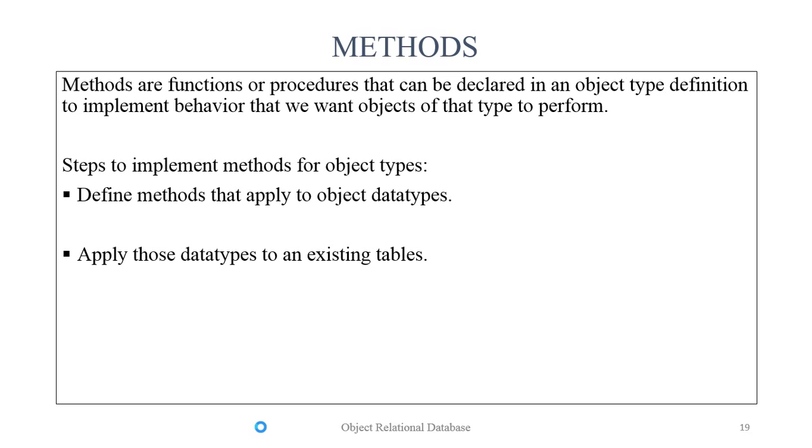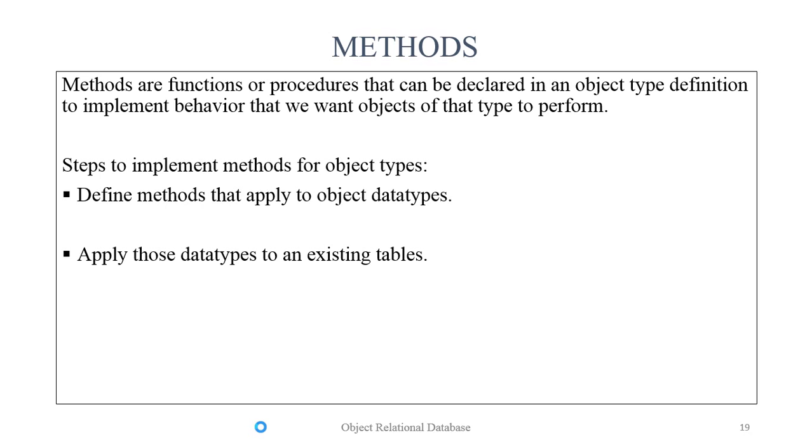Methods. Methods are functions or procedures that can be declared in an object type definition to implement behavior that we want objects of that type to perform. The steps to implement methods for object types are: first, define methods that apply to object data types.